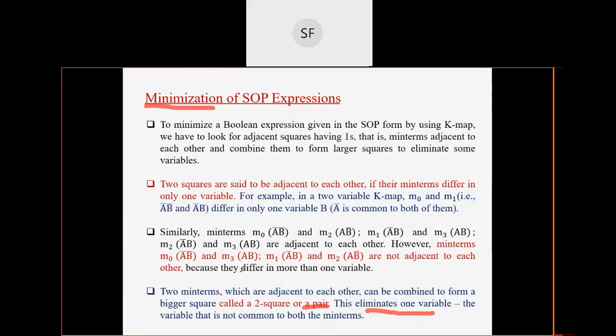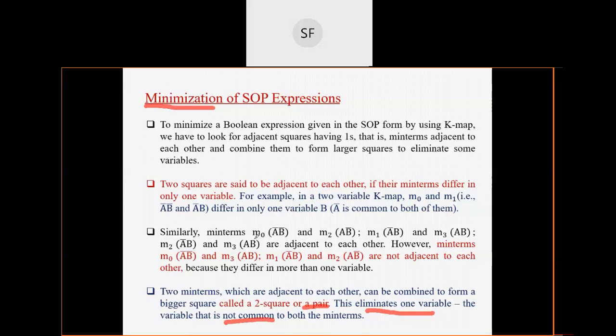Okay, so when you understand the concept of an adjacent cell, then you can join those two adjacent cells and they will be called a pair. And when you join the two cells, one variable will be eliminated. And which variable? जो कांस्टेंट था वो एलिमिनेट होगा कि जो वेरिएबल था वो एलिमिनेट होगा? तो ऑलवेज रिमेंबर the one variable which is not common in both, मतलब जो वेरी हो रहा था.